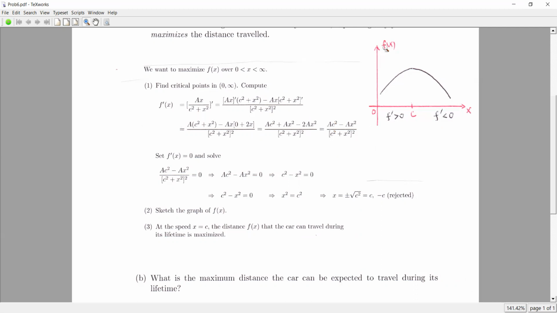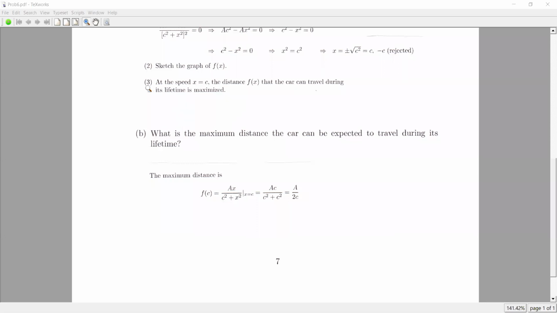Therefore, the graph of f is decreasing. From this sketch, we can see that at the point C, the function f has a global maximum. The third step of the open interval method, the conclusion: at the speed x equals C, the distance that the car can travel during its lifetime is maximized.